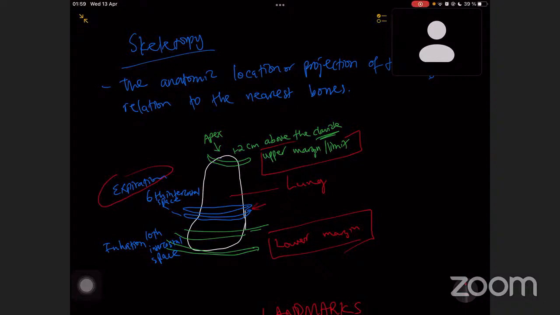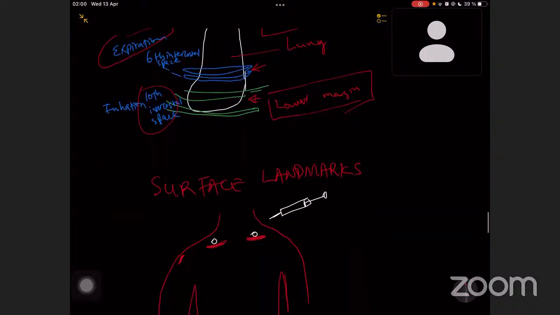Which is right here. Or we can say the lower margin of the lung upon inhalation is the 10th intercostal space, for example.